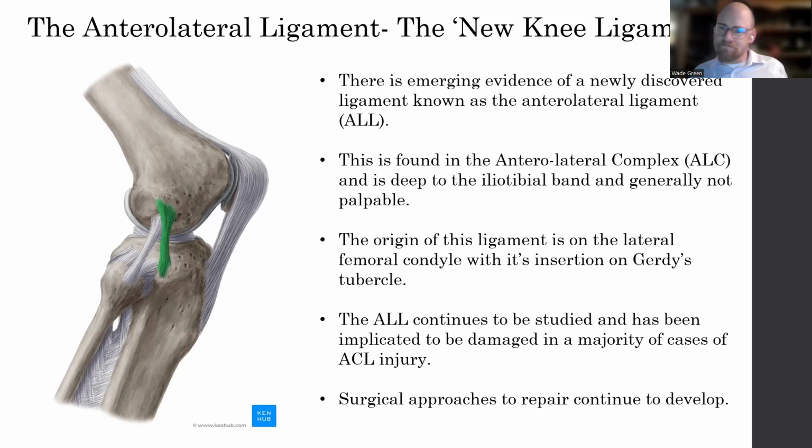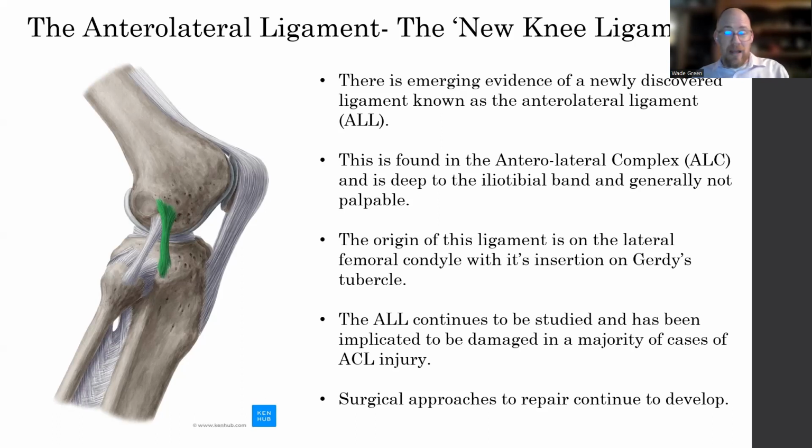The anterior lateral complex is a three-layer structure. The outermost layer consists of the IT band, but then deep to that we have fascia. At the innermost layer of the anterior lateral complex is the anterior lateral ligament.